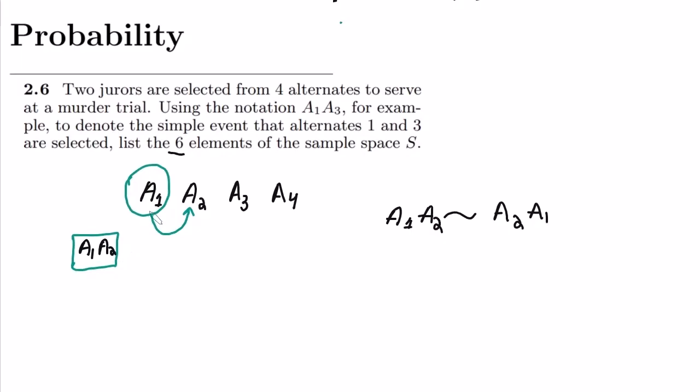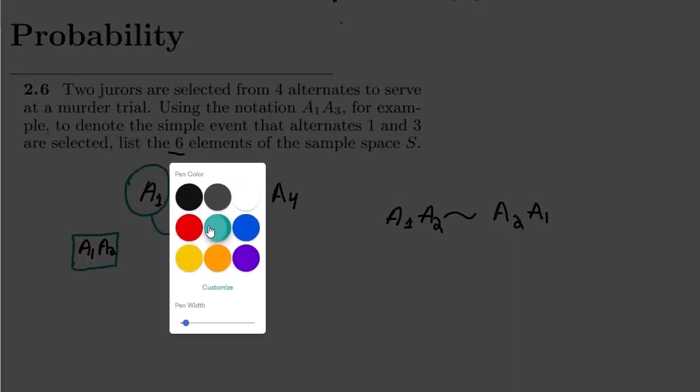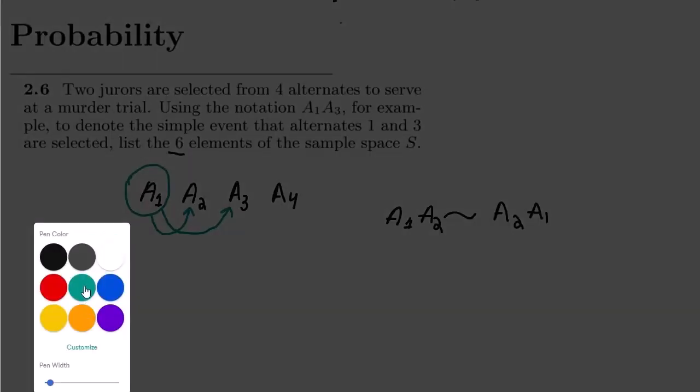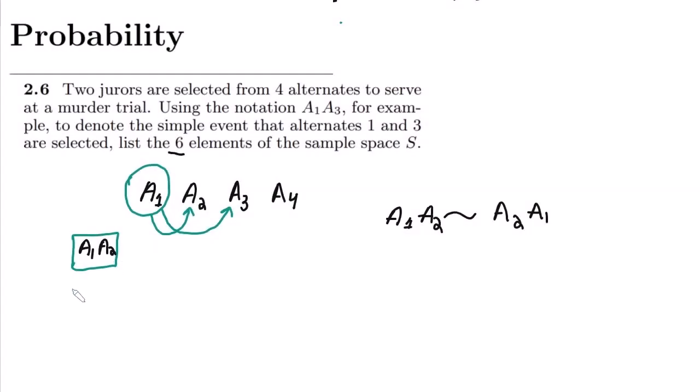Okay, because the combination of A1 and A2, then after it the combination of A1 with A3. So what will I get here? I will get here the second one. Here I will get what? It will be A1, A3. Okay, and after it its combination with the fourth one, and here what will I get?